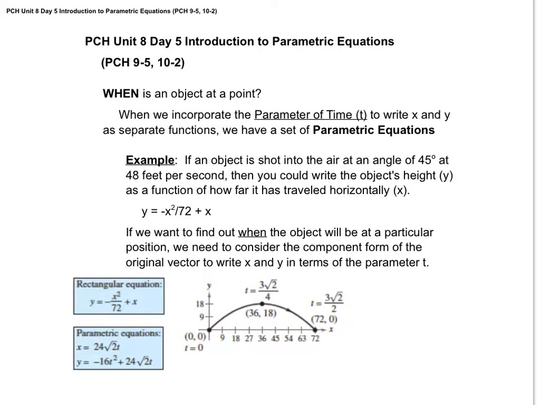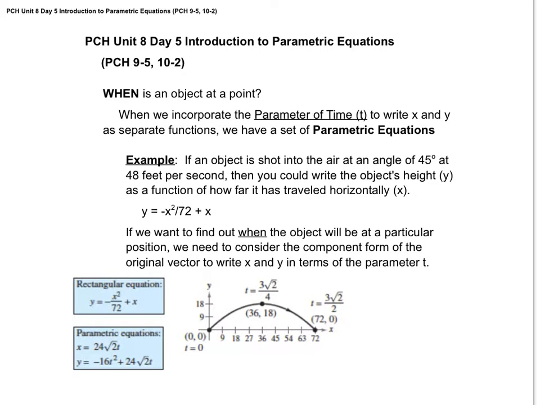We're not going to look at how to develop that formula itself, but here we want to find out when the object will be at a particular position. In order to do that, we need to consider the component form of the original vector to write x and y in terms of time.